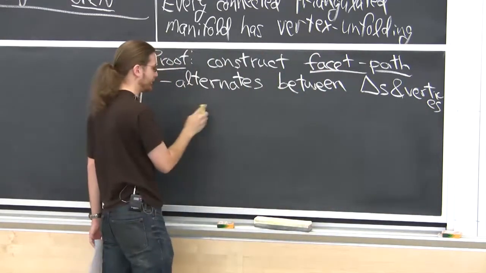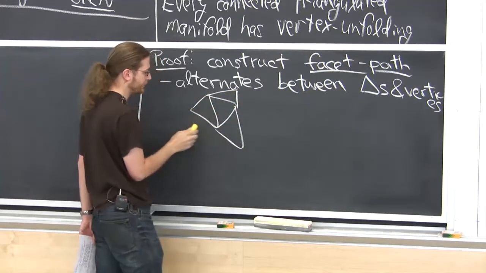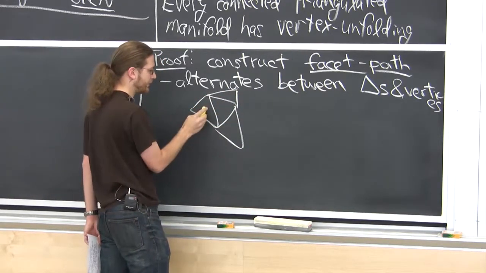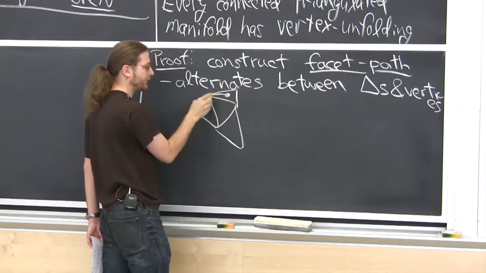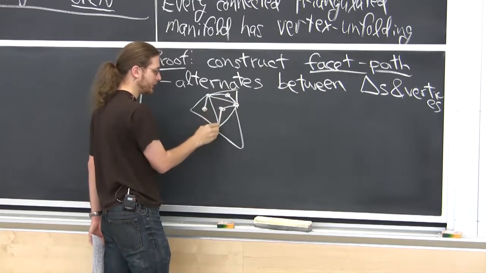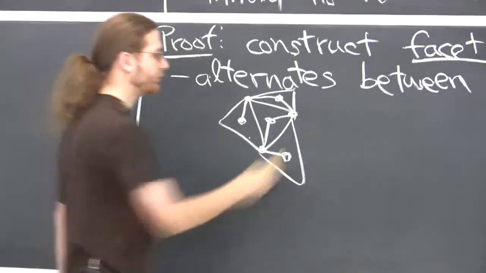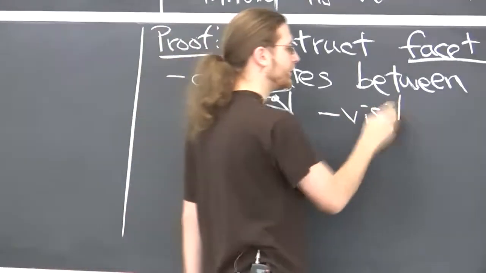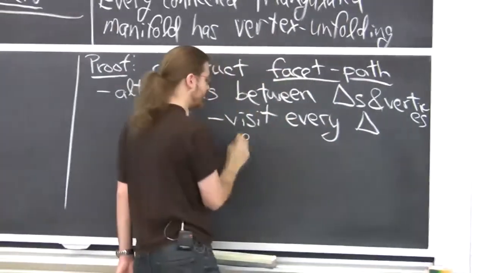So the idea is, let's say we're doing a tetrahedron or something. You start at a facet, then you go to one of its vertices, then you go to one of the facets that shares that vertex, then you go to one of the vertices, then a facet, then a vertex, then a facet. This is a facet path. It should visit every facet, every triangle, exactly once.